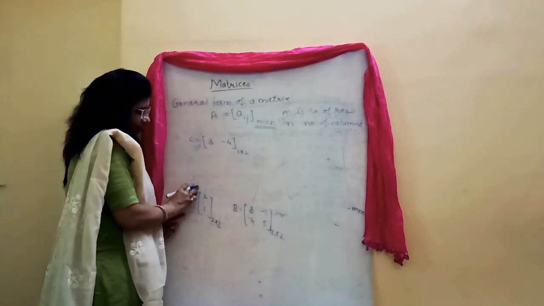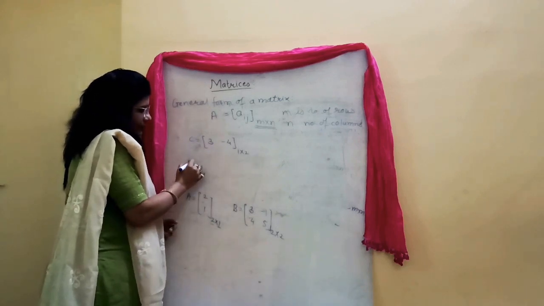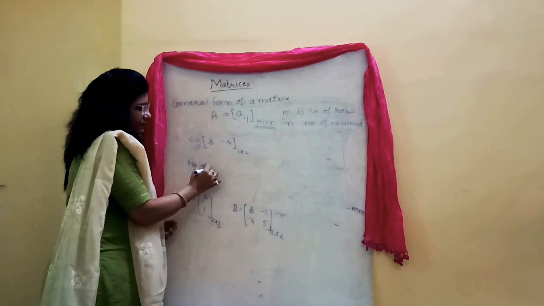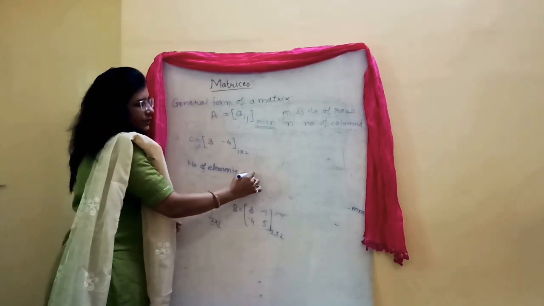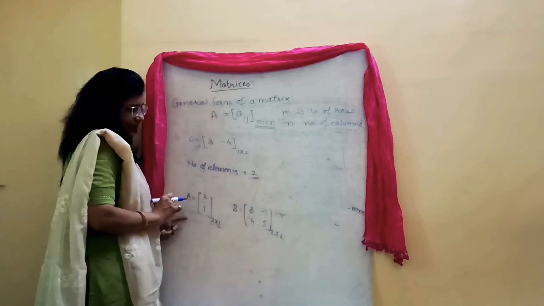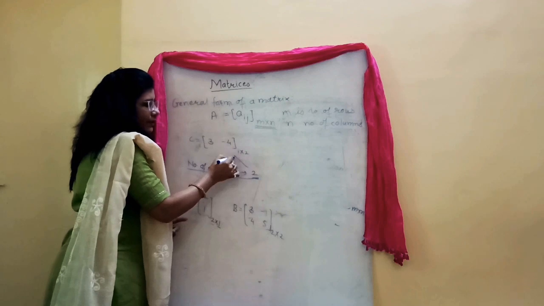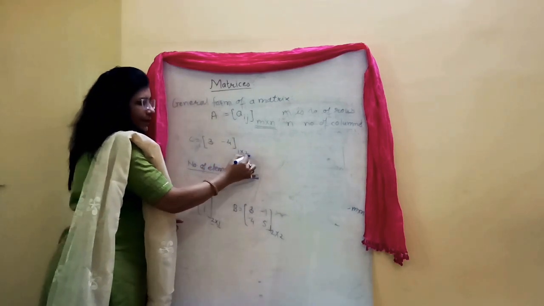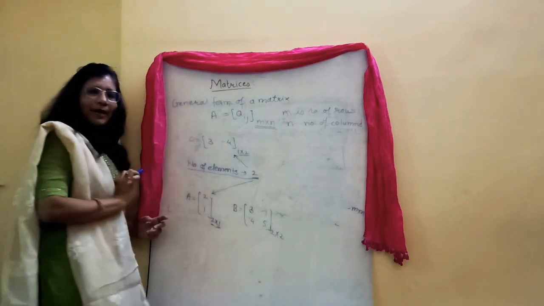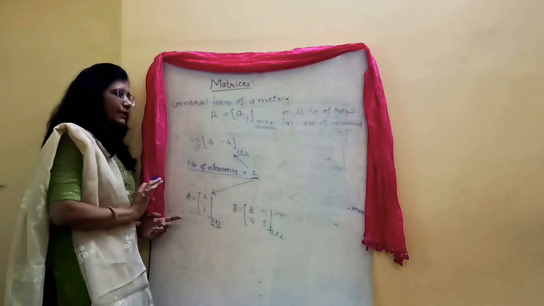If the order of a matrix is 2 by 1 or 1 by 2, either way, the number of elements is 2. So if the number of elements is 2, you can form the matrix like this, or like this, having the order 1 by 2 or the order 2 by 1. Both are possible conditions.